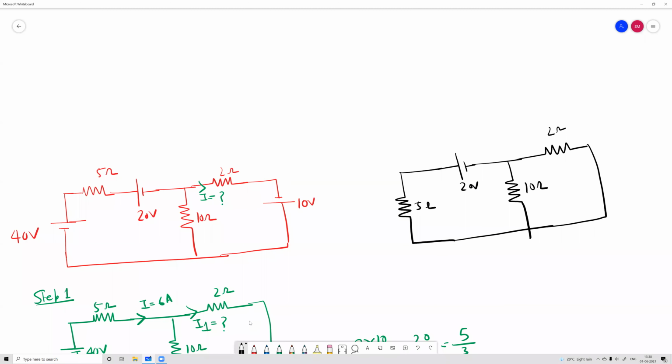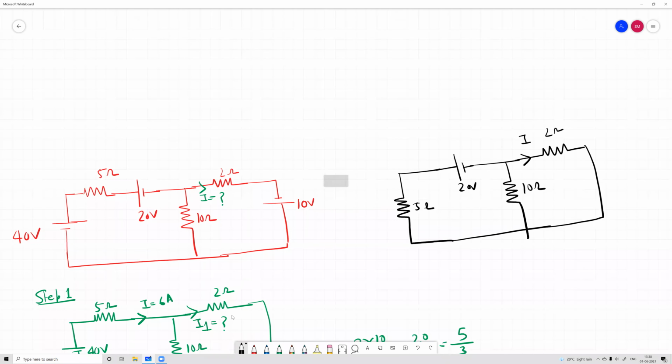Again, we need to find this current I. How to find it? This problem is very similar to the first case. So just looking at it, can you tell me the answer?